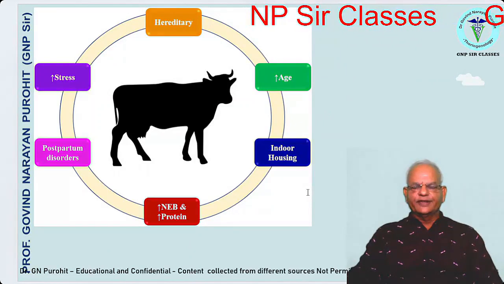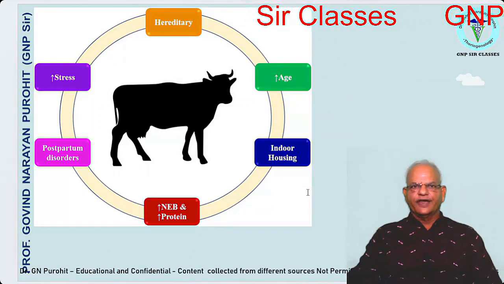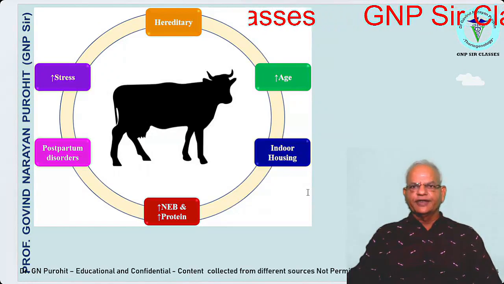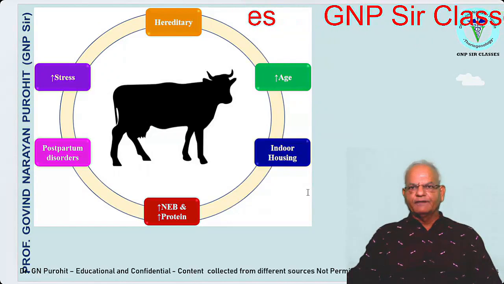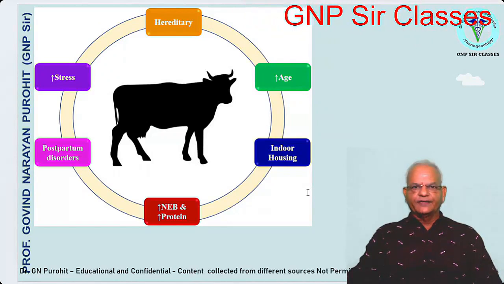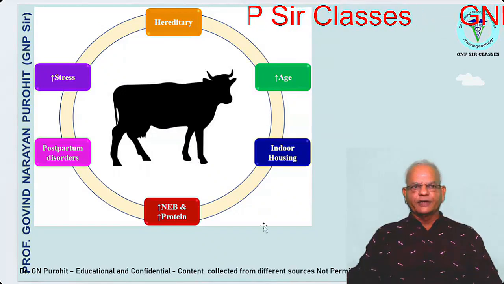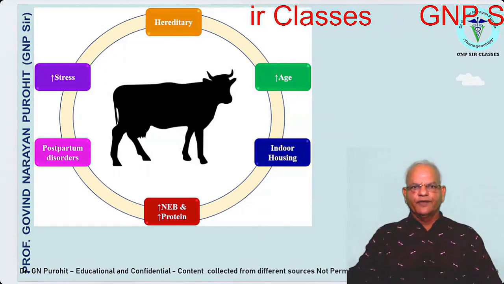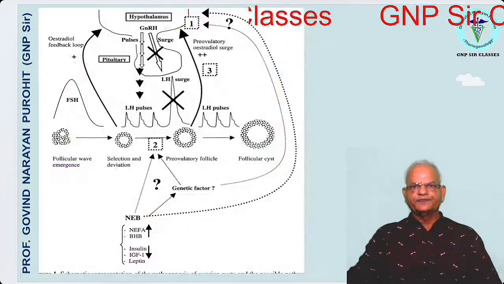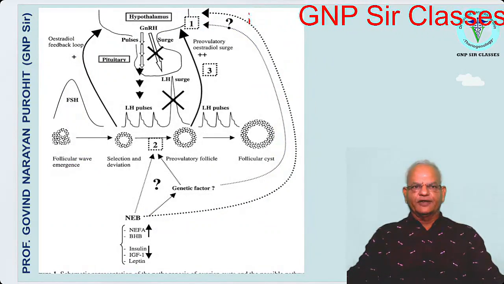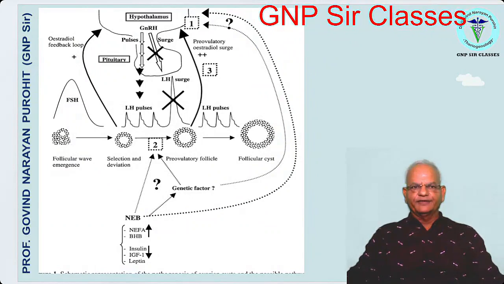So these are the causes: the heredity, increasing stress, postpartum disorders, increasing age, indoor housing, negative energy balance, and high proteins. High proteins can also lead to formation of ovarian cysts. So this is a possible explanation of the development of the ovarian cyst.